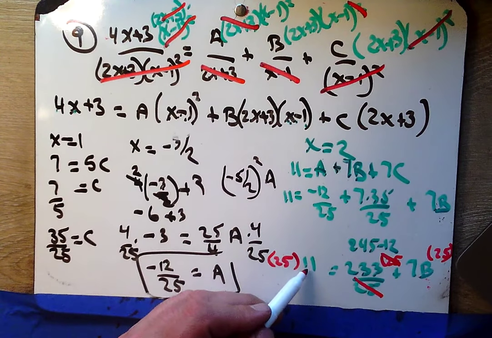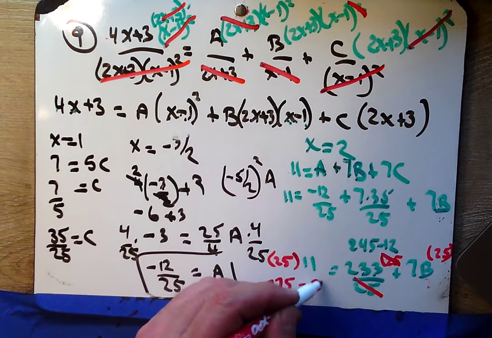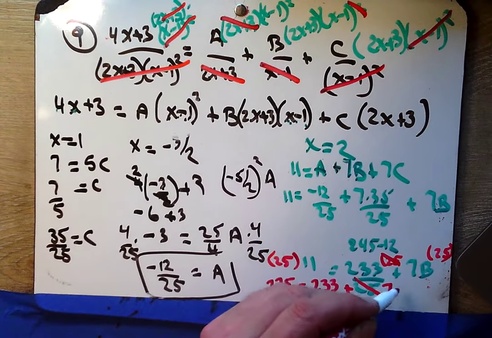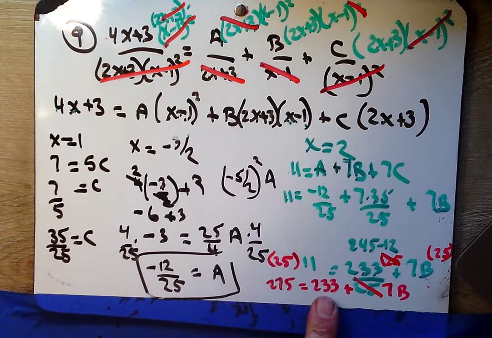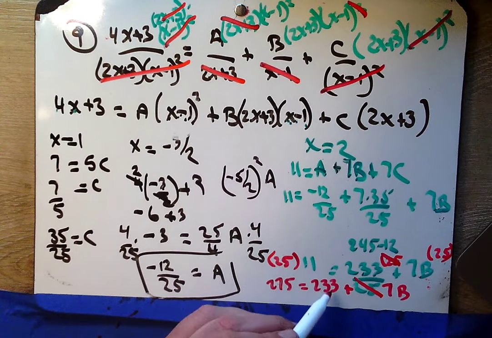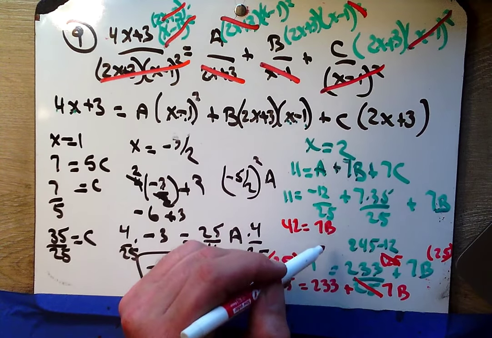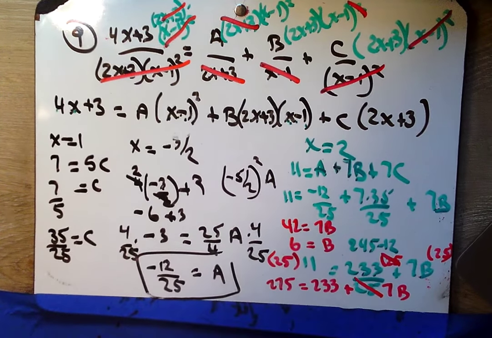That's 250 plus 25 is 275 equals 233 plus 7b. If I subtract, I get 42 equals 7b. And so b equals exactly 6.